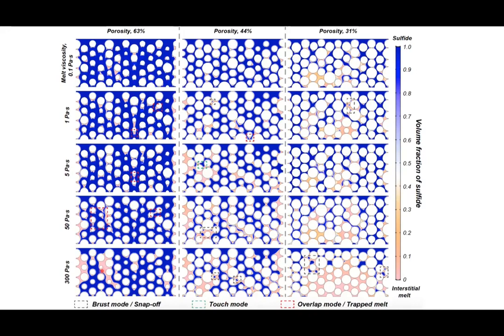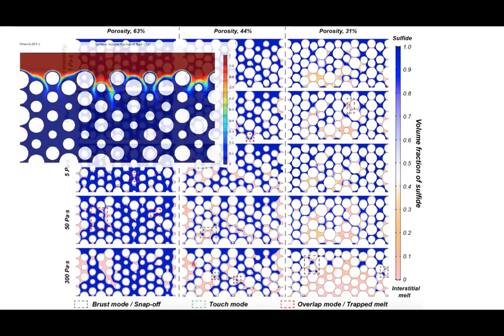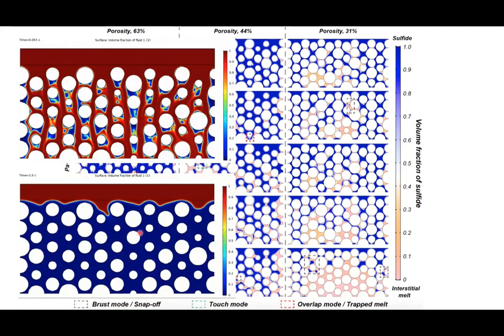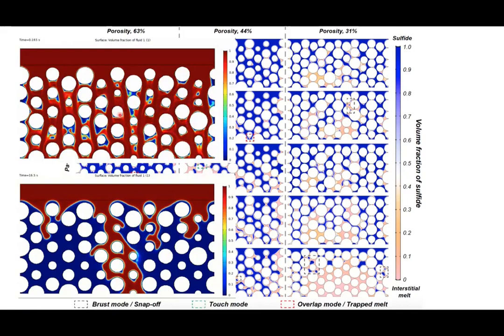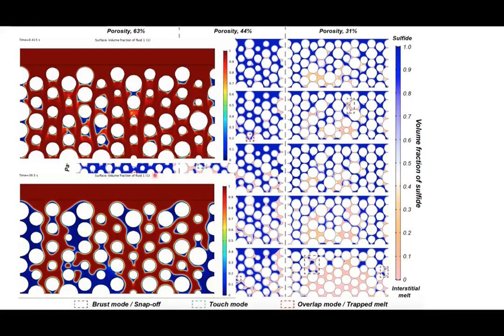There are still some regions that always contain the silicate melts, and we show this in the two model movies. This is a low viscosity, and it seems like the stable displacement. Here is just like viscous fingering, like the finger intrusion in the crystal mesh.